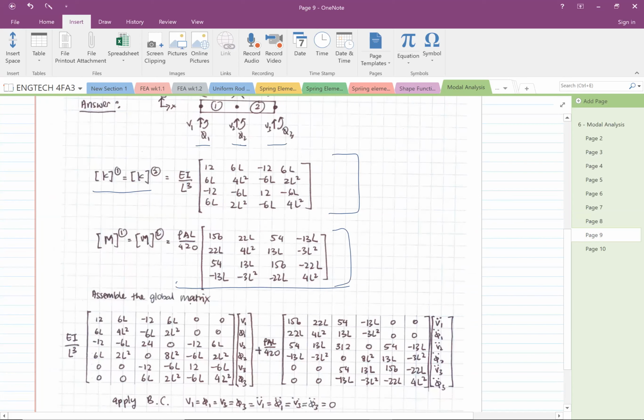Okay, and you assemble two elements together. This portion is the first element, and this portion is the second element. You should know this very well by now. And this is the first portion of the mass matrix, and that's the second portion of the mass matrix.